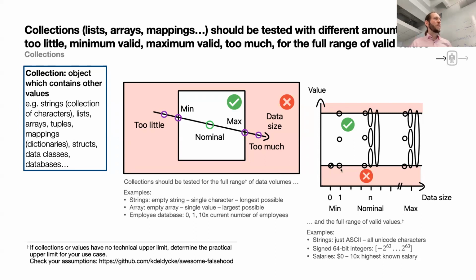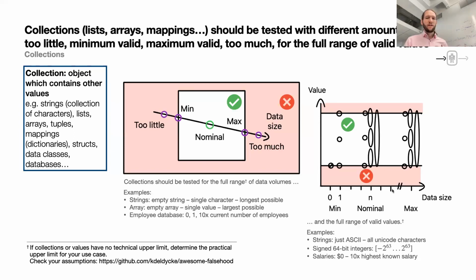But if you're putting 1 value into your collection, maybe you've got a number that you're putting in. Maybe you put the lowest possible value for that number, some middle of the road value, and also the highest possible value, just to make sure that the behavior works for the whole range. And then maybe we've got some larger data set, and we're going to do the same again.